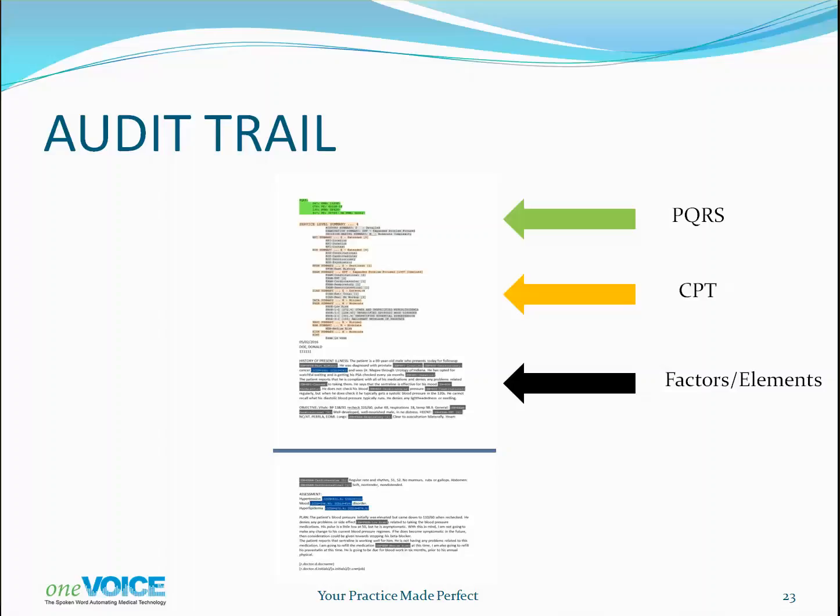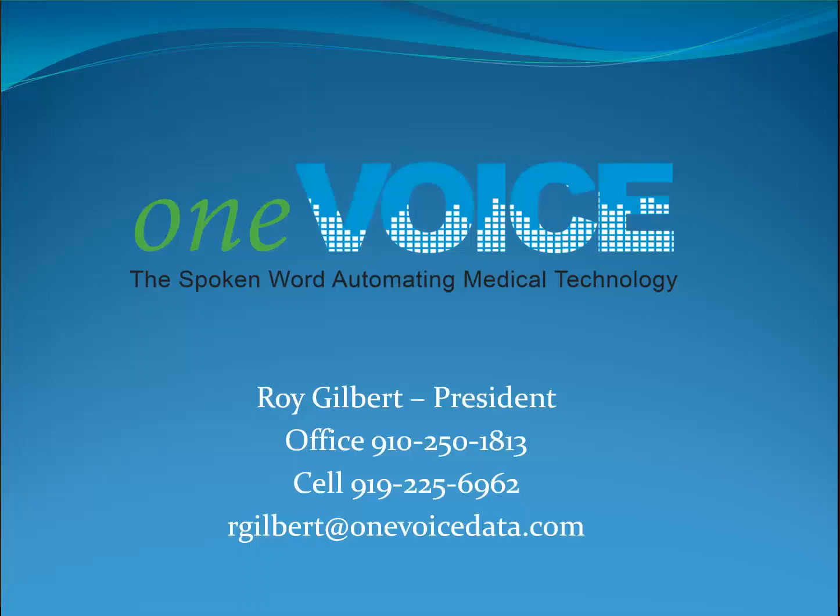I thought the colors were more important than reading the words. But if anybody wants to see any of that as a sample, please let me know and I'll send you a sample. That's not a problem. And the blue is the ICD codes. If you look, it'll give you the ICD-9 and ICD-10 within this document. So now you have an audit trail document for everything that you've coded and everything that you've done.